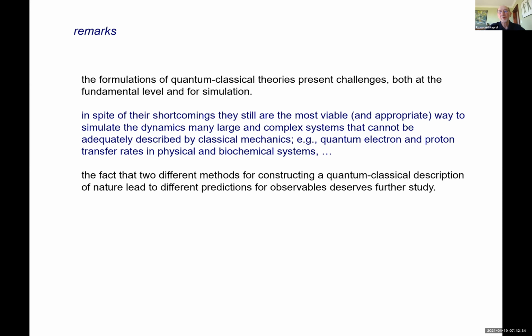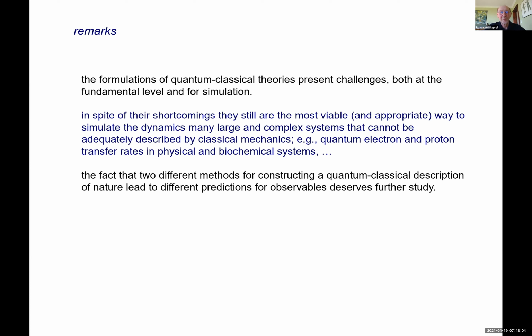If you take a general system, not necessarily bilinear coupling to a harmonic bath, then you could ask what's the structure of the resulting quantum classical theory that arises from the quantum classical Liouville equation? And then all of the issues that you mentioned come into play.